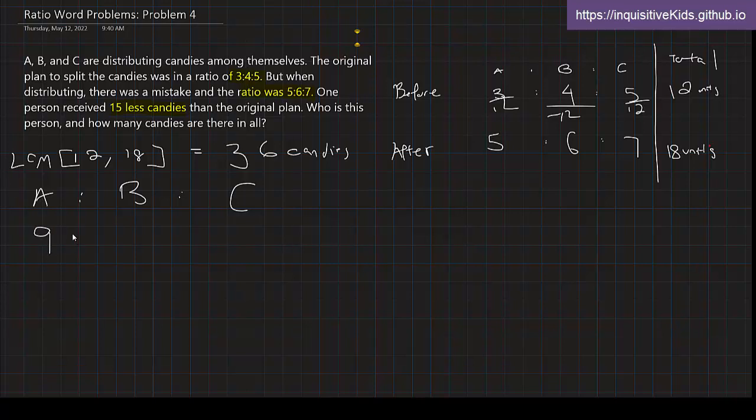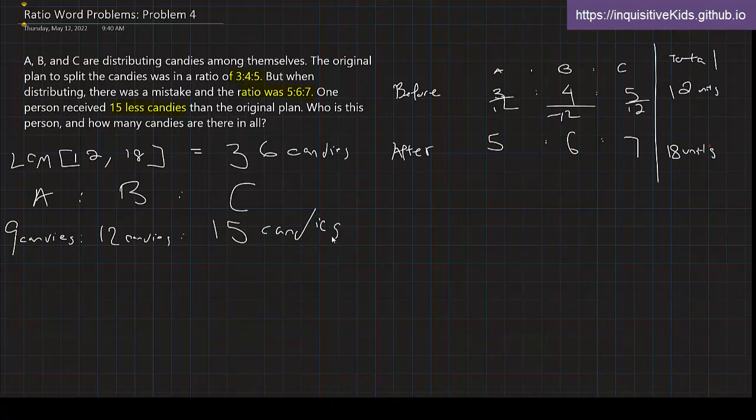So A has 9 candies at first. I'll write the word so nobody gets confused. Now what's 4/12 or 1/3 of 36? 1/3 of 36 is 12 candies. And C, 5/12 of candies. What is 5/12 of 36? Well, 1/12 would be 3, so 3 times 5 is 15 candies.